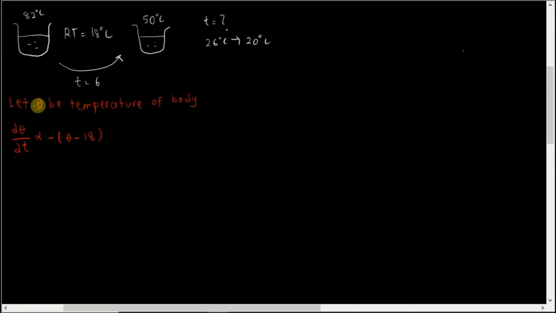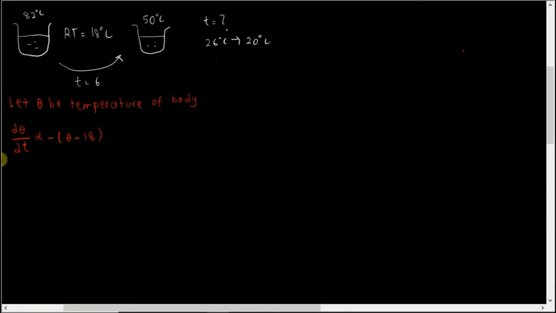So the rate d theta dt is proportional to the temperature of that body, theta, exceeding the temperature of its surrounding. So theta minus 18, because the room temperature is 18. If we write that in equation form, you will get this one.